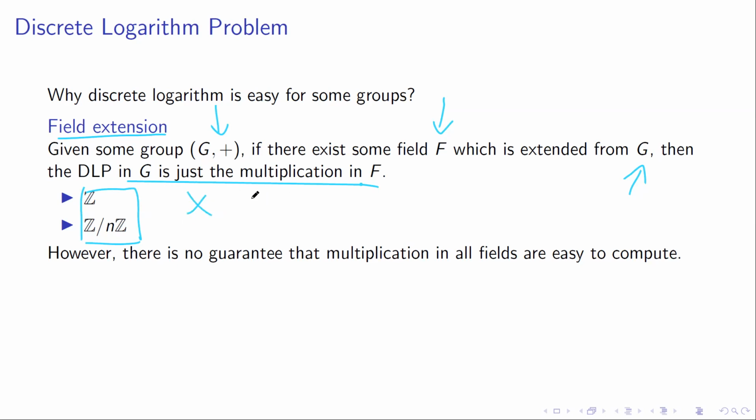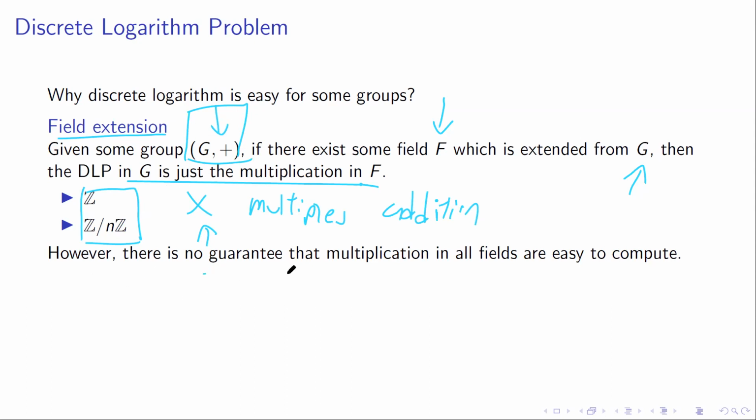Multiplication is just multiple additions. If we have a group with an addition operation and we can find multiplication, then we can solve the discrete logarithm problem easily because of the field extension.